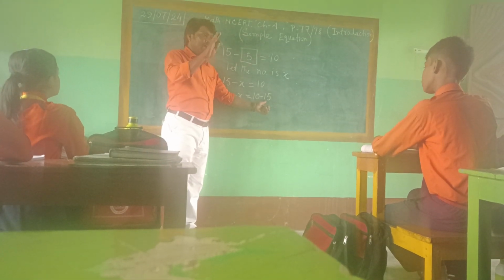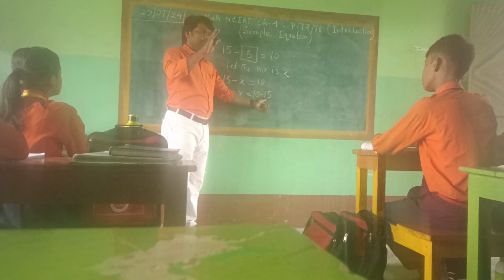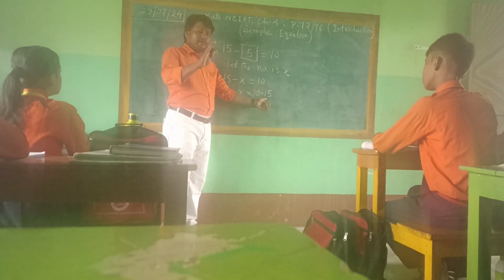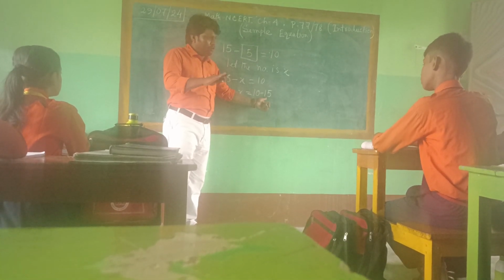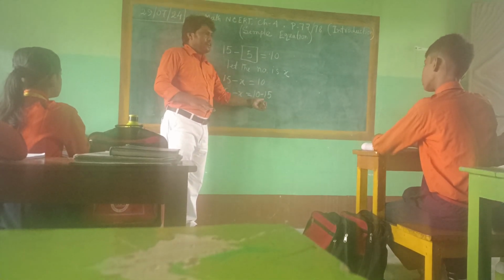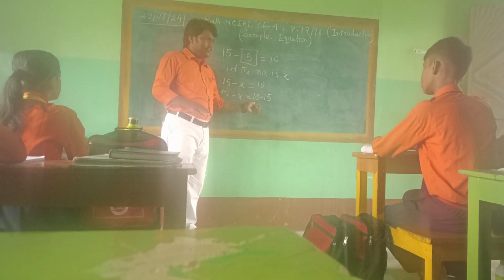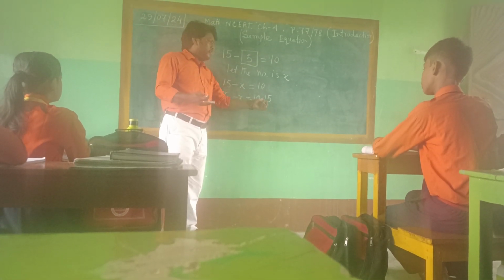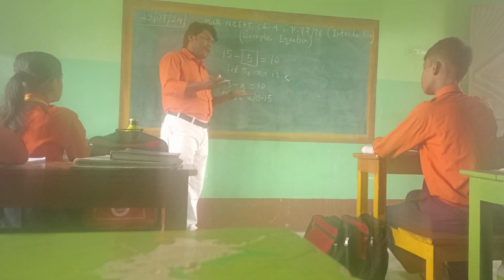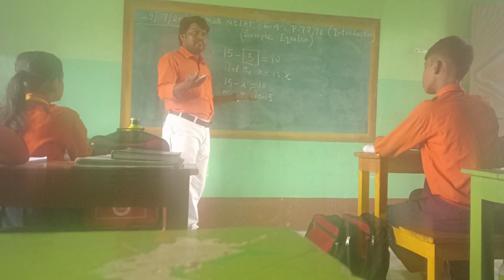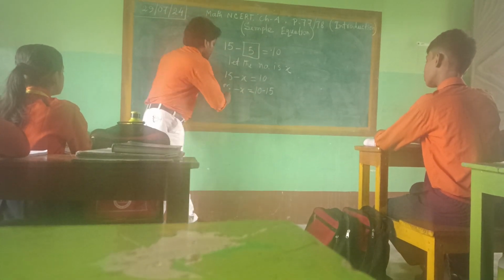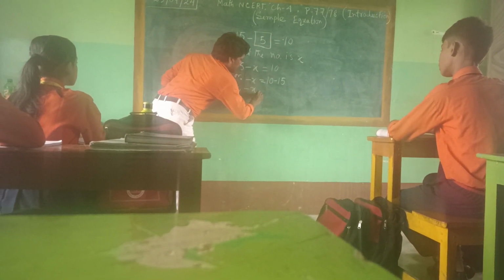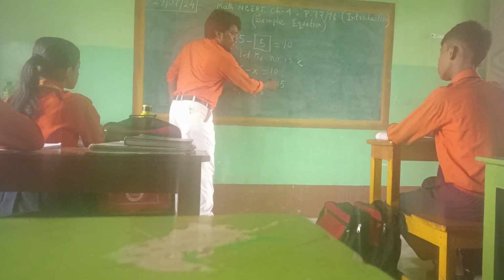You have done the integers. You have a clear idea about the sign or symbol, so it is not abstract thinking. The result will be minus or plus according to the integers. So minus x equal to 10 minus 15.